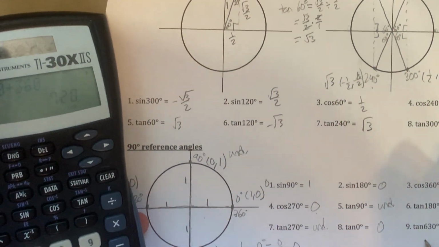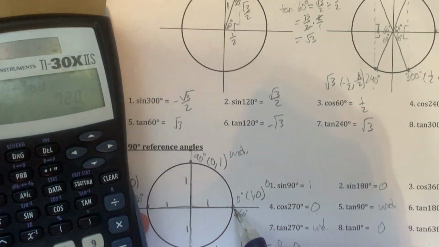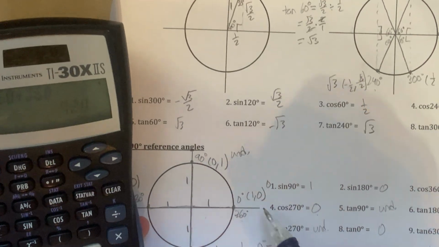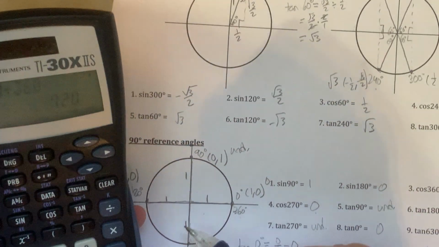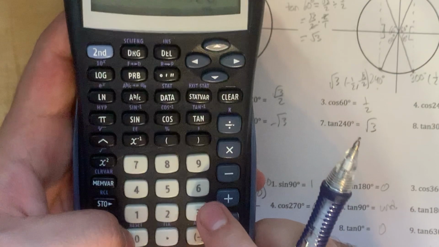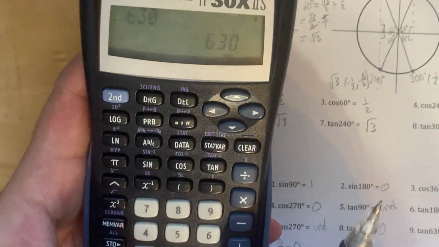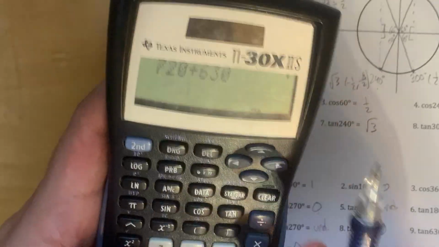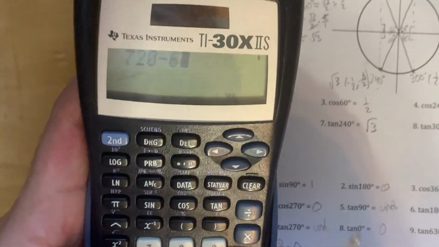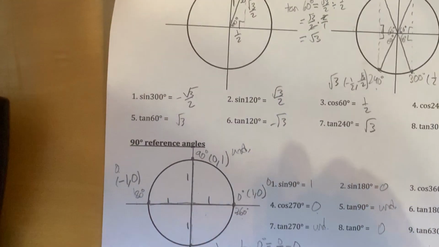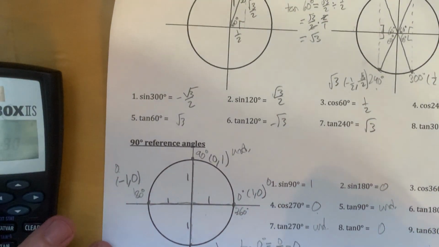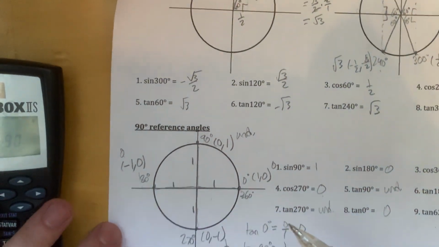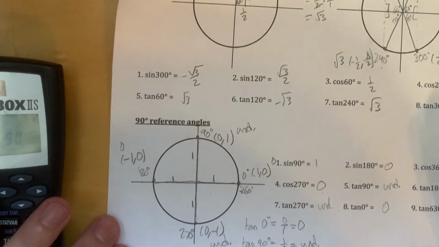So it's going to be in between 360 degrees and 720 degrees, so it's another full circle. If we do 720 minus 630, you get 90 degrees. And because it's undefined at 90 degrees, it's also going to be undefined at tangent of 630 degrees.